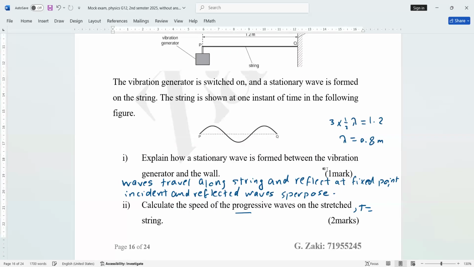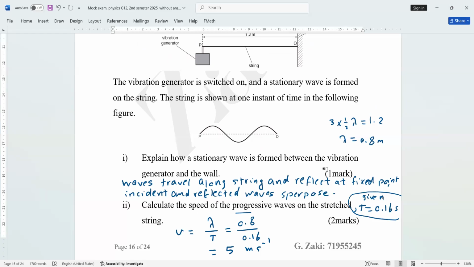It's not written, it is 0.16 seconds. So the speed of wave equals lambda over the time period. So lambda equals 0.8. Add the time period to the givens. 0.8 divided by 0.16, so the answer is 5 meter per second.